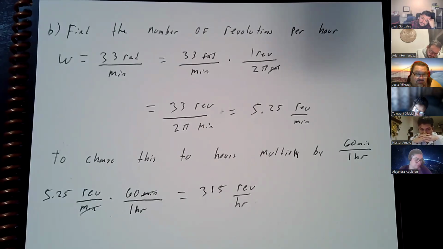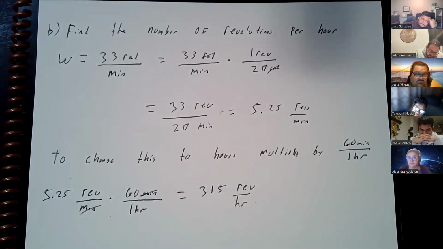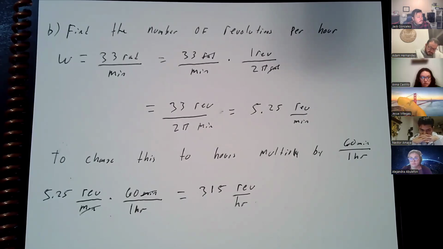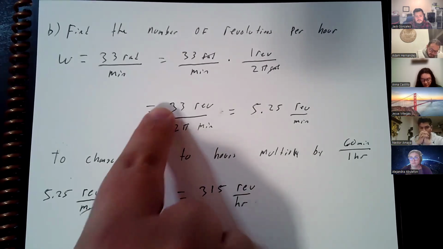We have to use radians, so I left it as 2 pi radians. How did we get 5.25 again? Are we just plugging that into the calculator? Yeah, 33 divided by 2 pi.